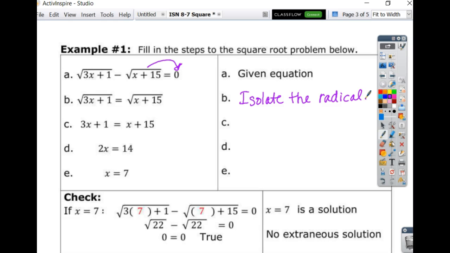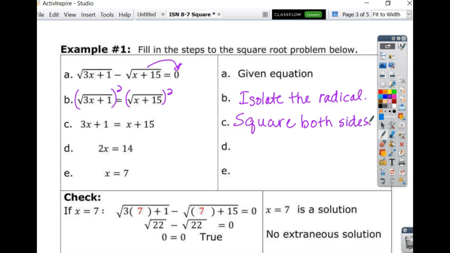And once we have them separated, what's different from here to here? There's no square root. So how did I get rid of the square roots? I squared. So I'm going to square both sides. And once I square both sides, then I'm going to just have what's under the radical sign. So I have 3x plus 1 and x plus 15.